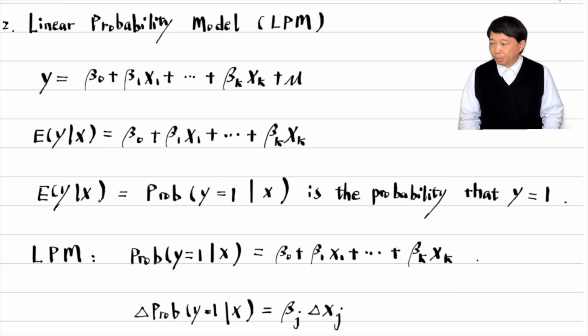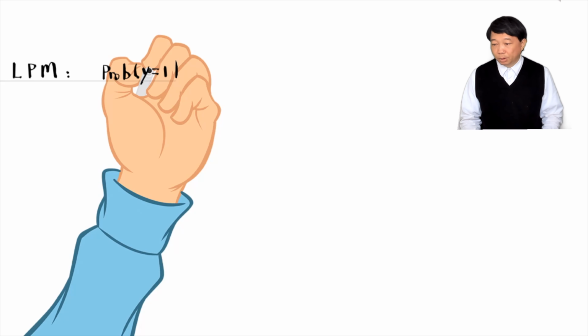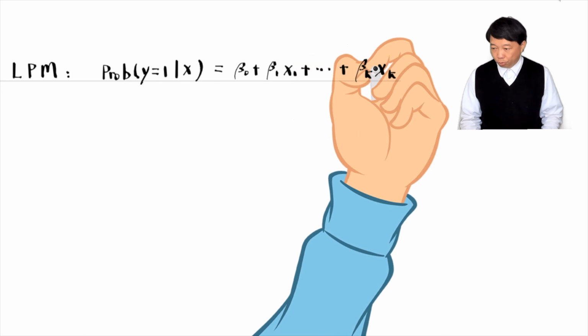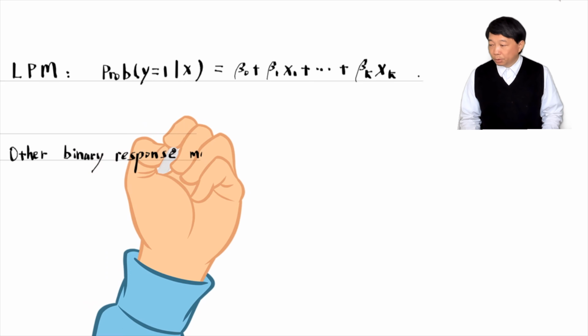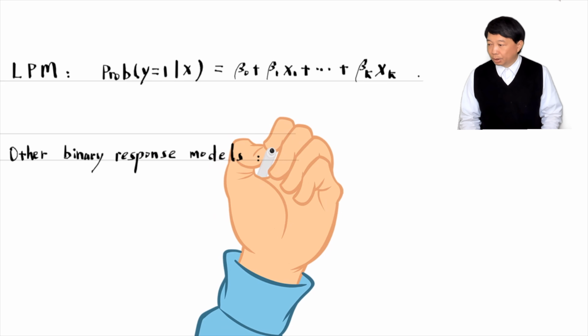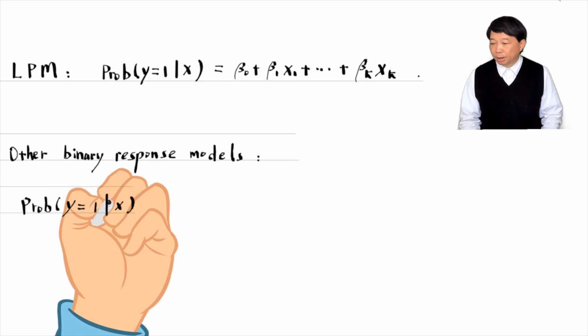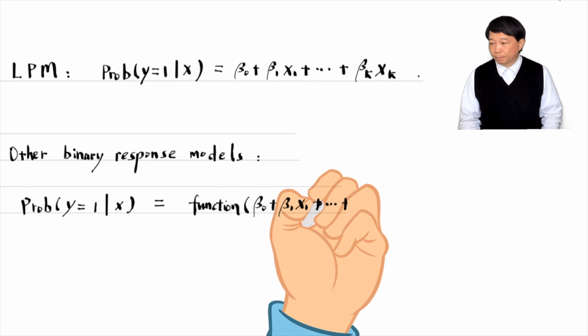To model the probability as a linear function of x is not the only way to describe the relationship between x and y. We will learn other binary response models later, such as the logit and the probit models.